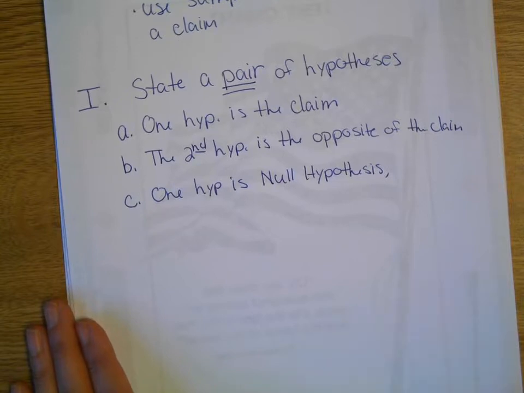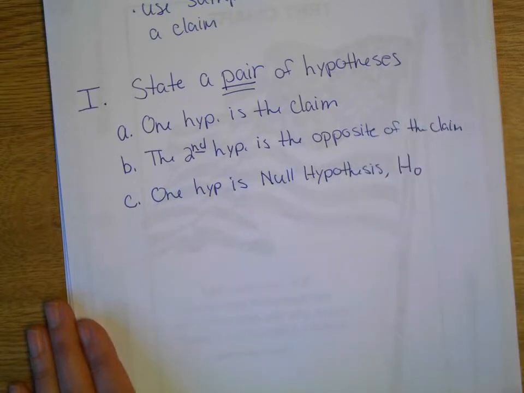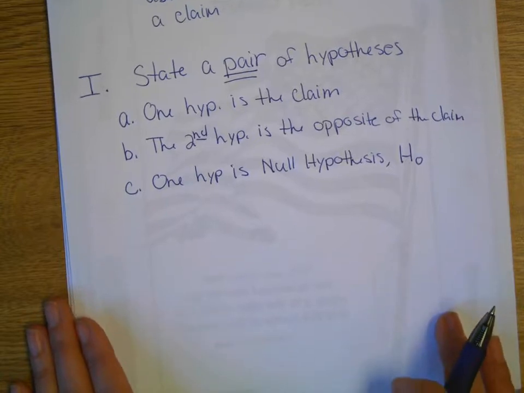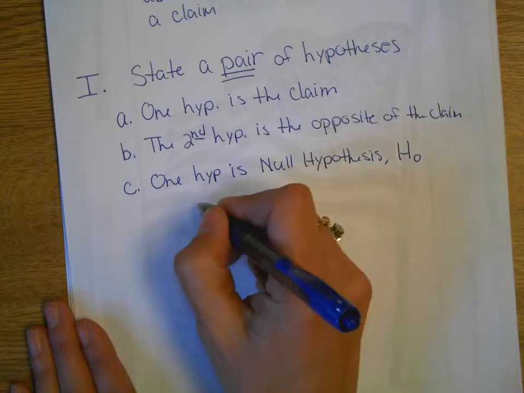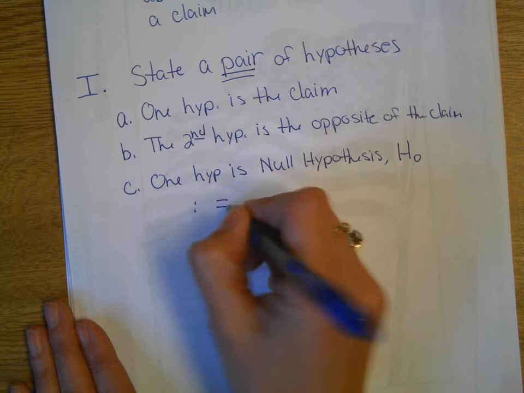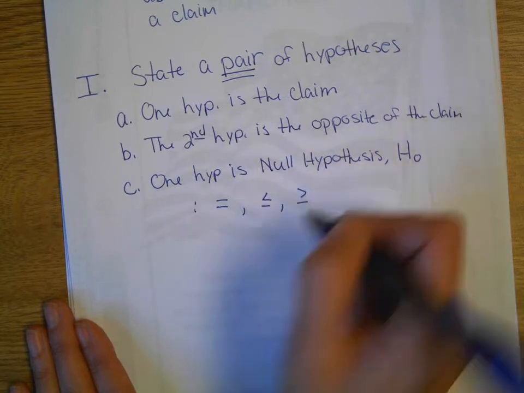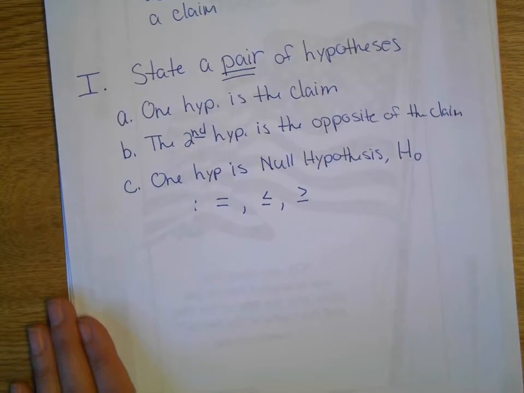In this case, null means, think math, none. So the abbreviation for this is H sub 0. The H sub 0 is called your null, and you'll know the null hypothesis because it will contain an equal to, a less than or equal to, or a greater than or equal to. So if your hypothesis has one of those three signs in it, it's the null hypothesis.